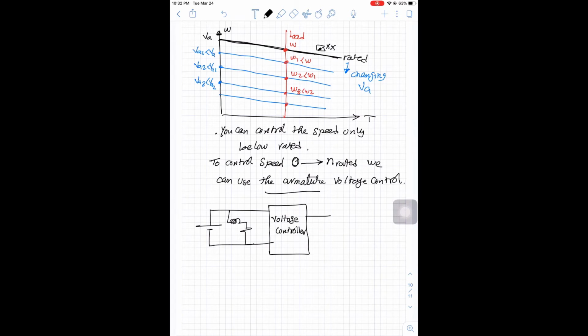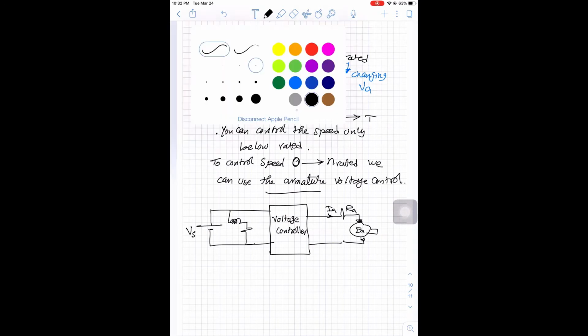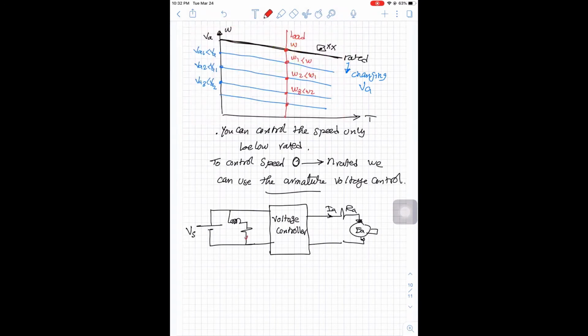And this voltage controller will supply our armature: EA, RA, IA, V source. Now the current inside the field, I field, will be V source over RF. And V source is a battery and RF is constant, so IF is constant. The voltage going to the voltage controller is V source.